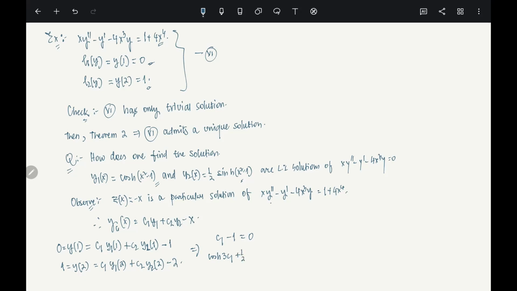Now you can of course solve this problem. From here c1 = 1, and c2 you are going to get as 2(3 − cosh 3)/sinh 3. This is what you are going to get.